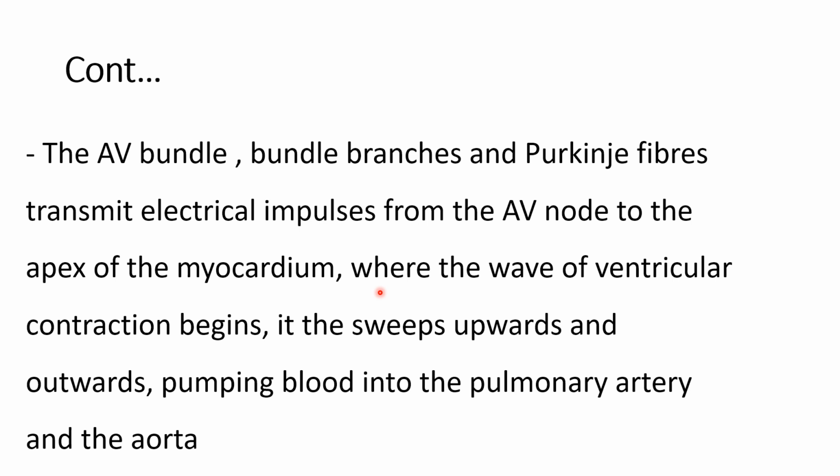So it has to go to the left ventricle and also the right ventricle. That's why there is a need for this bundle to branch. When they branch at the bottom part, at the apex to be specific, they form those special fibers which are called Purkinje fibers.